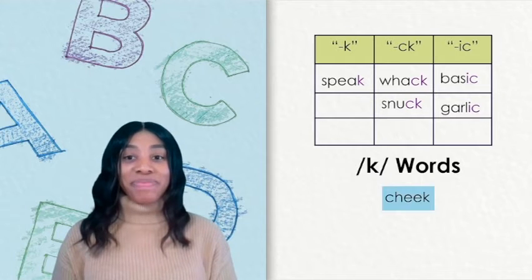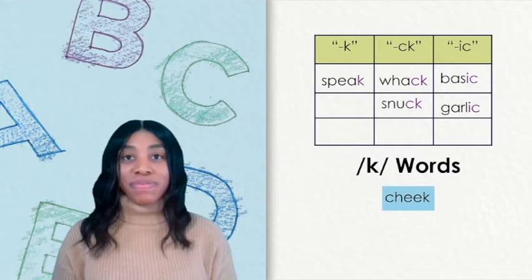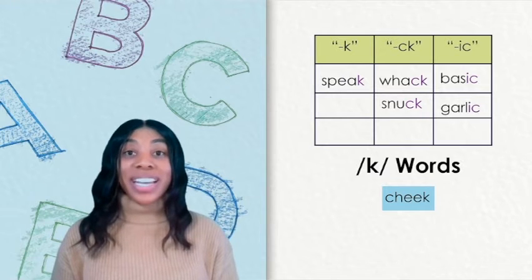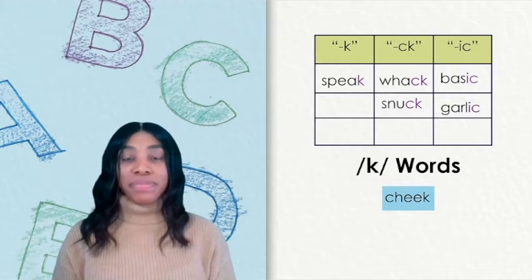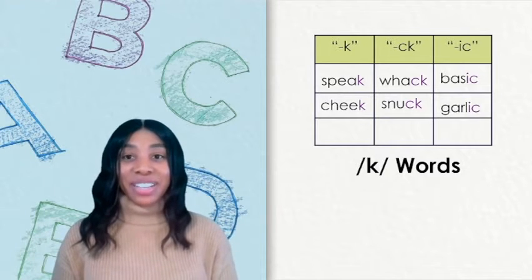Make sure you're writing each word down and trying to read the word before I do. Let's try another. What is this next word? Cheek. Which column would cheek belong in? Would it go in the K, CK, or IC column? Cheek goes in the K column.